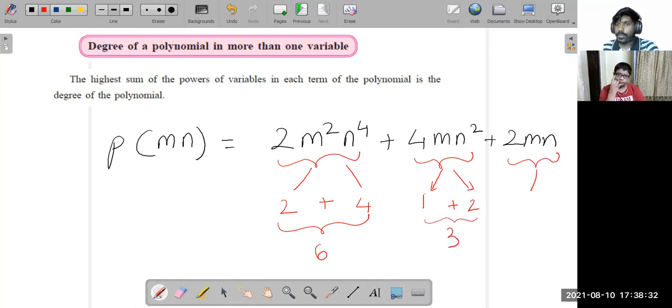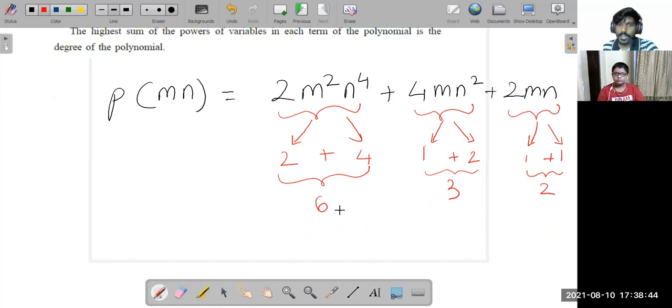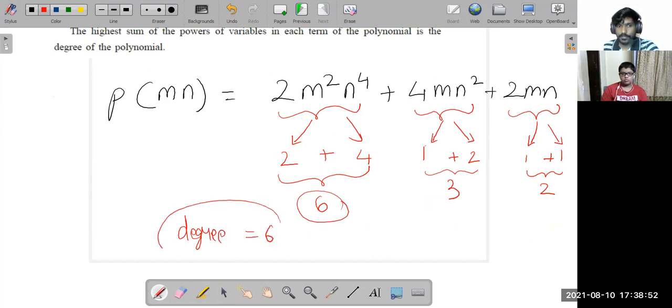And in this, what is the power of m? 1. And n, also 1. You add them, you will get 2. Now you see the highest among these. Which is the highest? 6. So the degree of this polynomial will be 6. Clear?